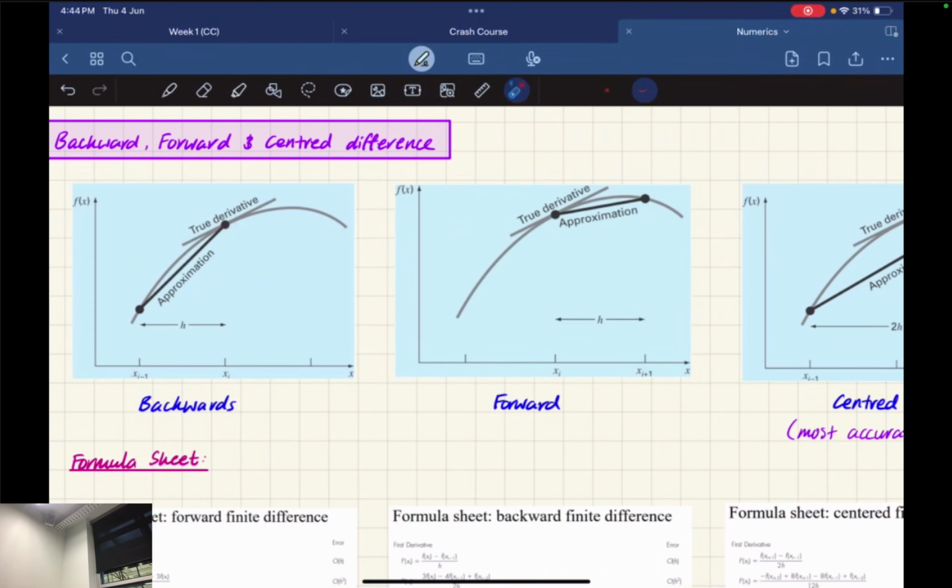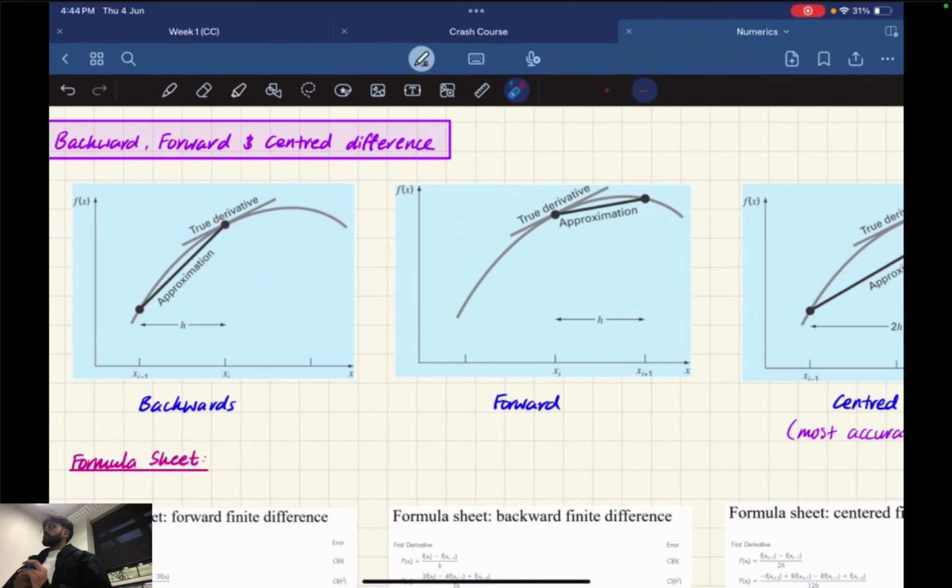What the backward difference does is it takes a value from behind what we specified, here in this value. And I'm taking this gradient here, and I'm taking this as my upper.